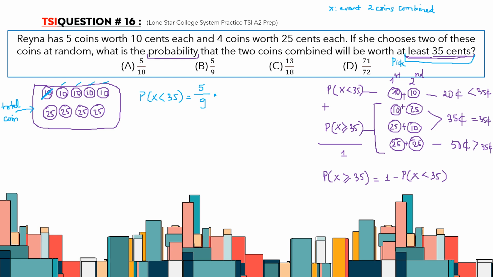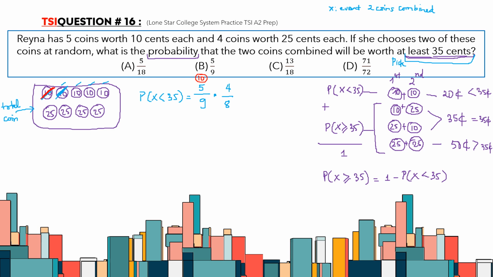So for the second pick, we will have another 10. Remember, for the first 10 cents we pick, we take this one and we do not put it back. We take it out.